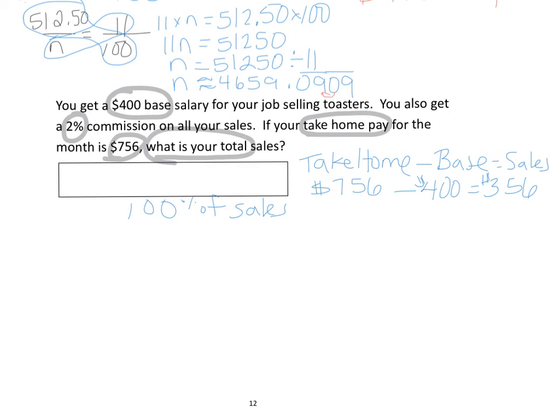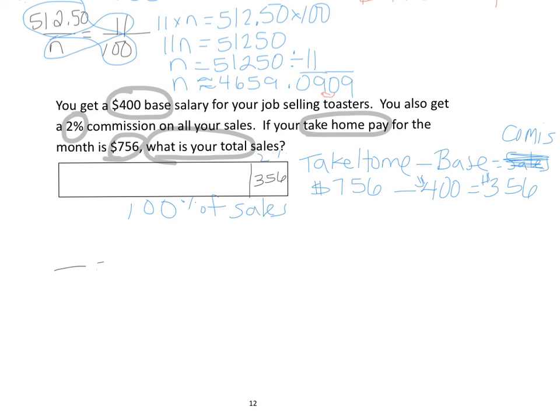So they made $356 in commission that month. We want to know what the total sales are. Therefore, we know that this little 2% bar right here is going to represent the $356 because that's our commission that we got to take home.